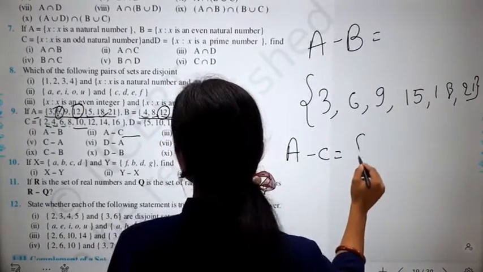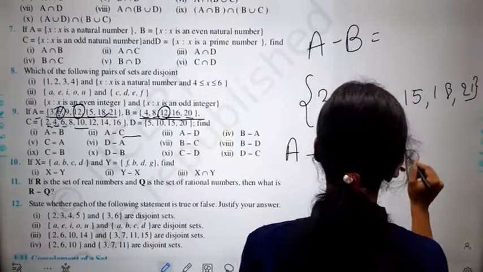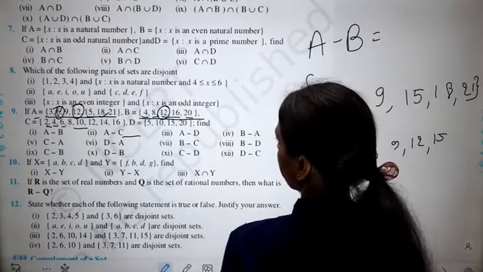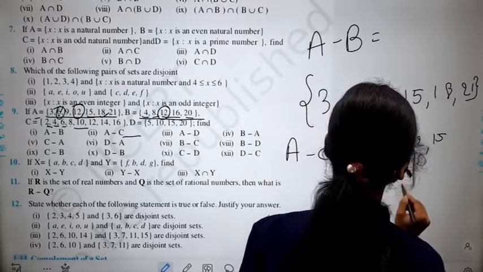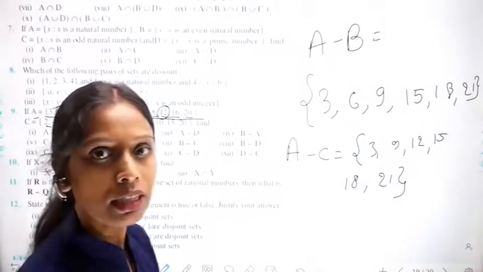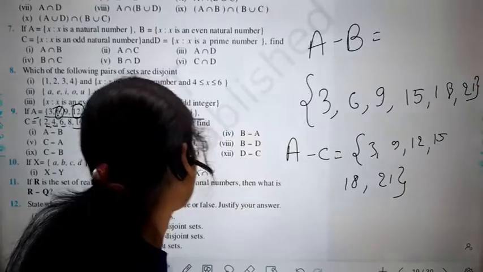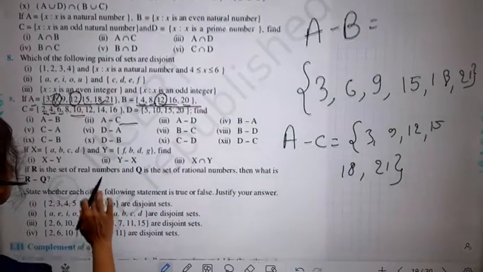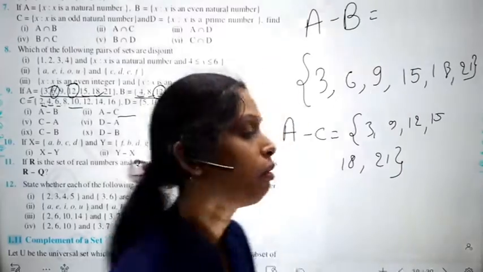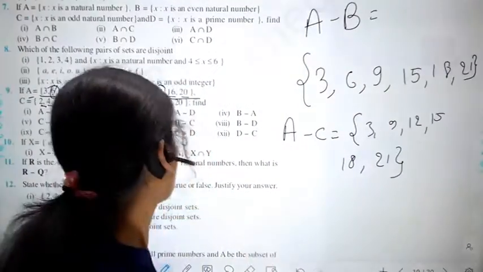It will be 3, 9, 12, 15, 18 and 21. Then you have to follow this rule and subtract one from another. Next one, find out the remaining questions and do a practice at home.